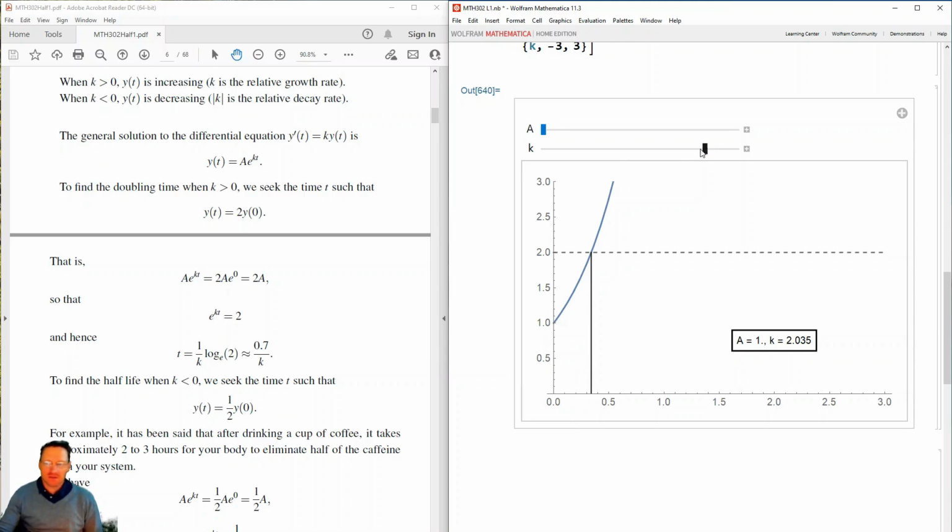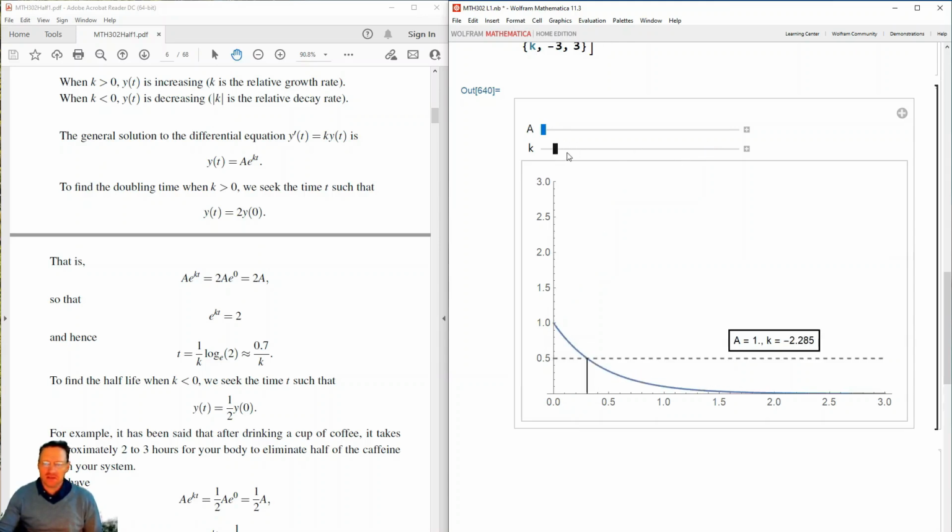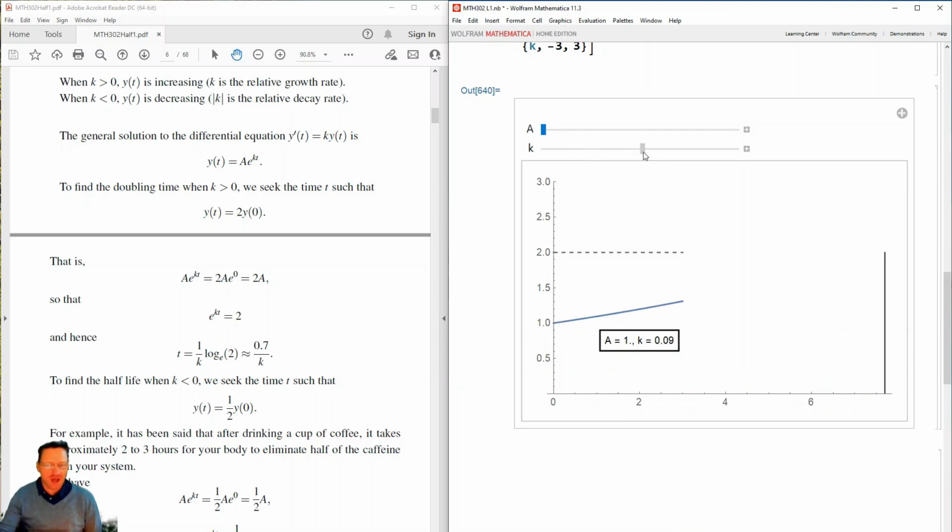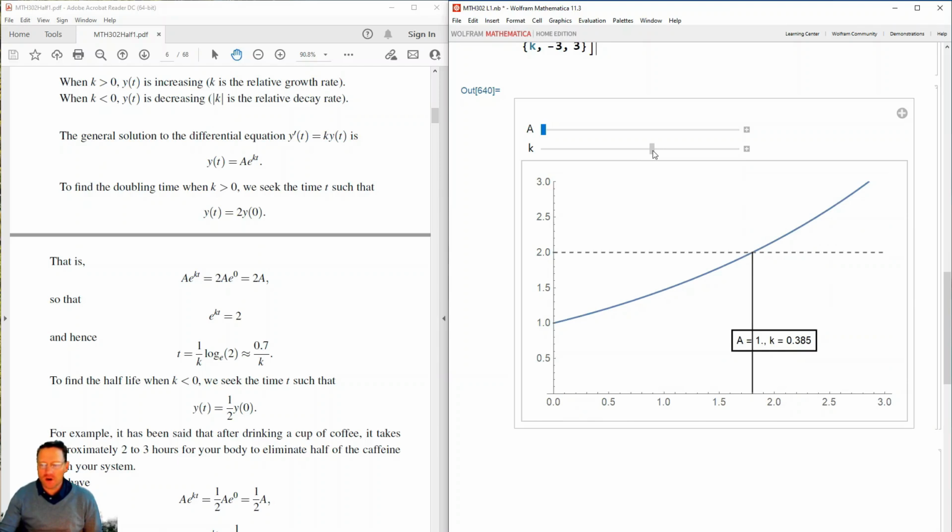We can view this again. Let's keep a equal to 1 here. We want to start with y positive because that's what we're describing, a doubling time, not a half time. Here we've got k is 0.385, and the initial value is 1.